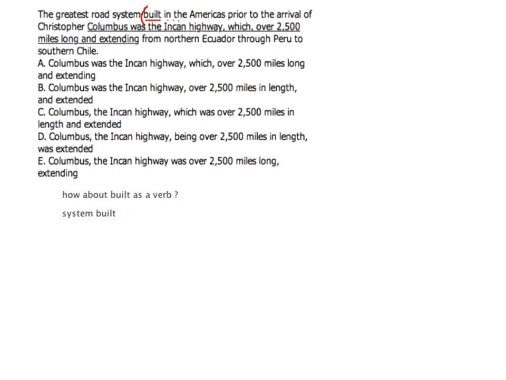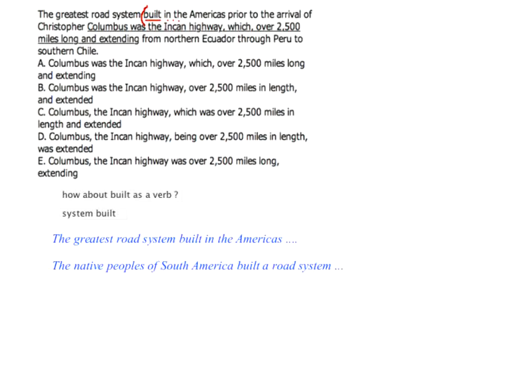Like so the greatest road system built in the Americas, versus something like the native peoples of South America built a road system. So, I mean, the difference here should be pretty clear.